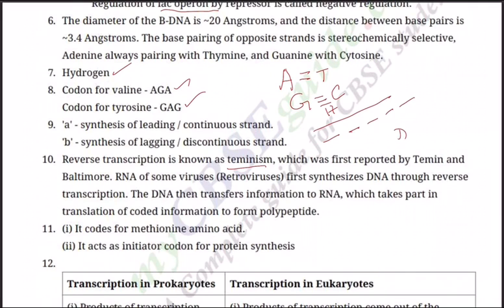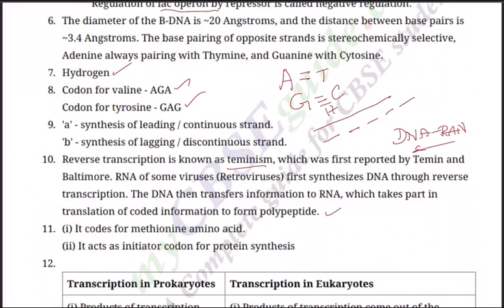Normally, what is transcription? The DNA becoming RNA. DNA replicates, breaks and forms RNA. Now this is reverse transcription. The DNA then transfers information to RNA, which takes part in translation of coded information to form polypeptide.